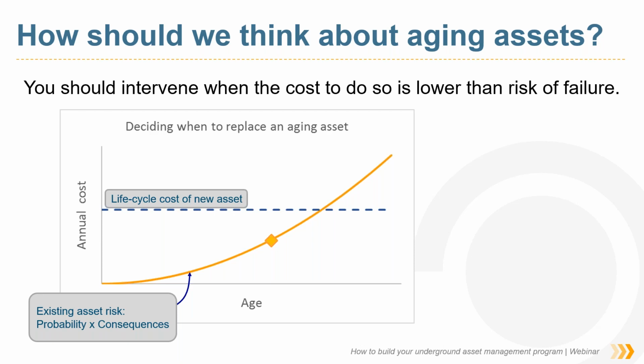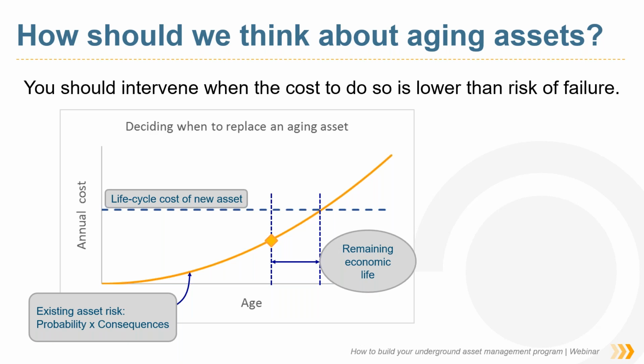So this orange curve is the risk of the existing cable as it gets older. It starts low, and as the cable ages, it becomes more and more likely to fail. And the costs associated with that failure create risk. What you're looking for is the timing at which that risk will cross a threshold where it would be cheaper for you to replace the cable. So we're looking for when the risk crosses this blue dotted line, which is the life cycle cost of a new asset.